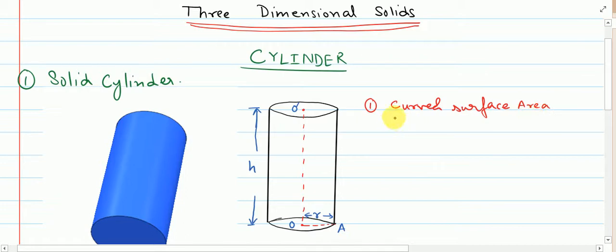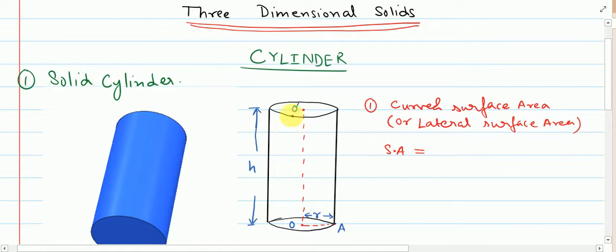This is also called lateral surface area. So in short I will write surface area.